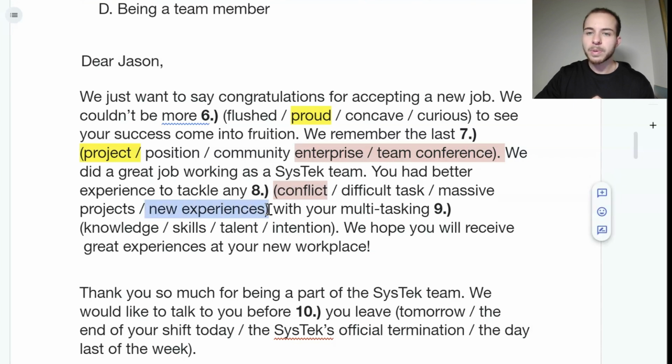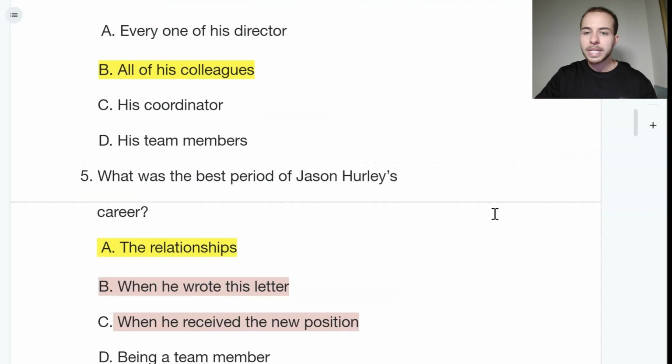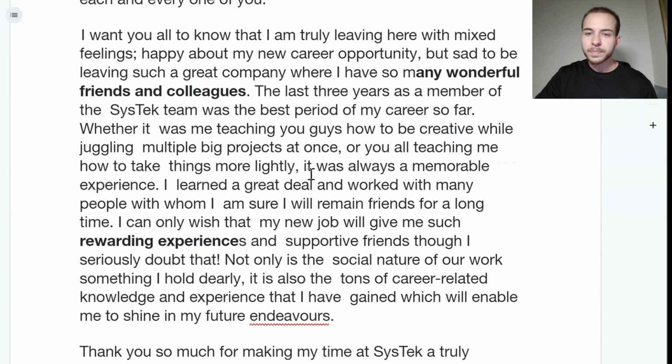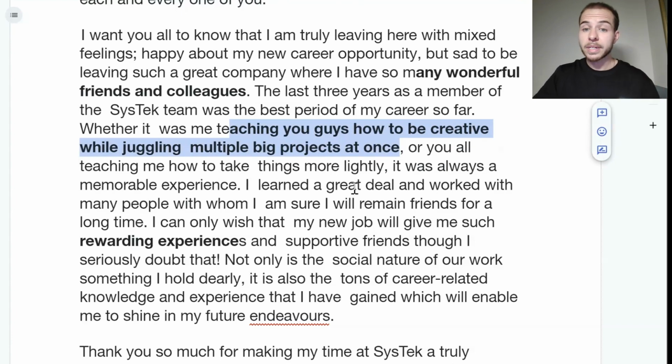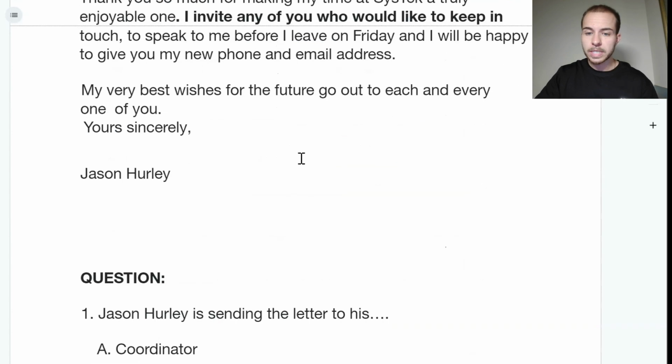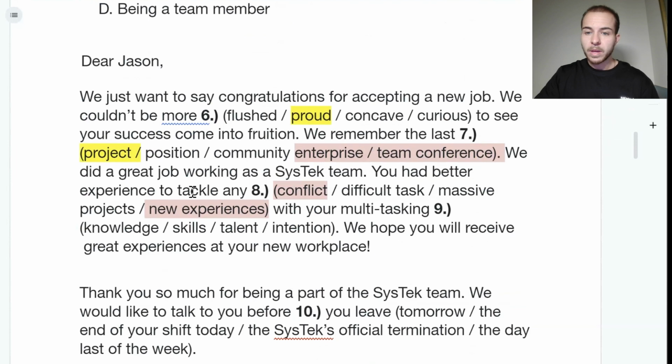New experiences, perhaps no, because he didn't mention that. So, difficult tasks or massive projects. Do you remember up here, he did talk about creating multiple big projects at once. Multiple big projects. That's another word for massive. So, does it work? Does it fit? You had a better experience to tackle massive projects with your multitasking. Okay, and that fits in the sentence.